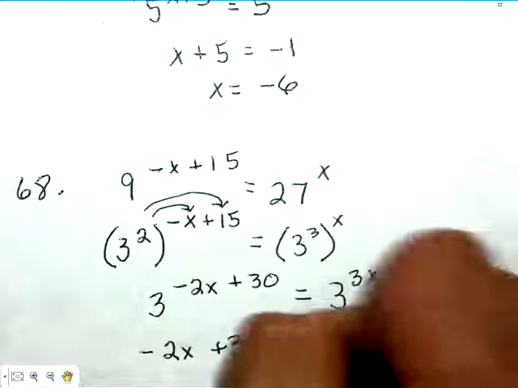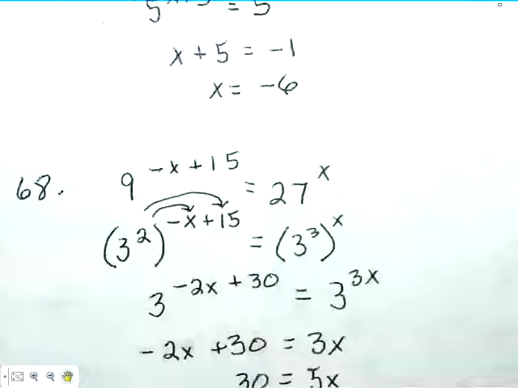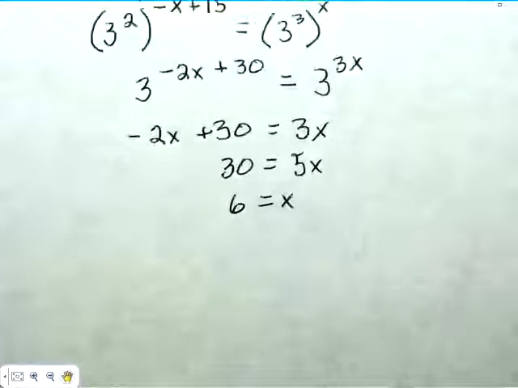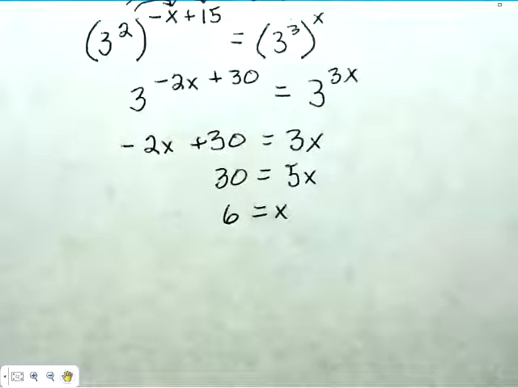Add 2x to both sides and divide by 5. Any questions?